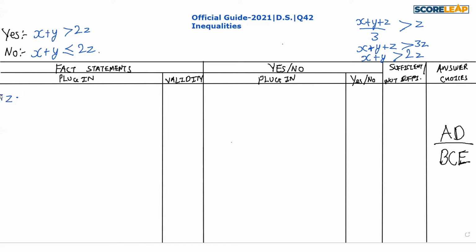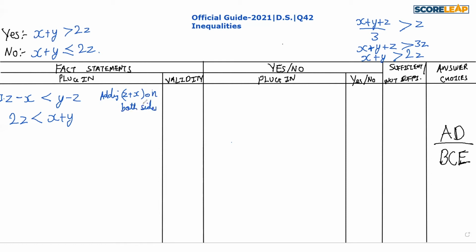If we add x on both sides and z on both sides, then on the left hand side we will get 2z, less than x plus y.